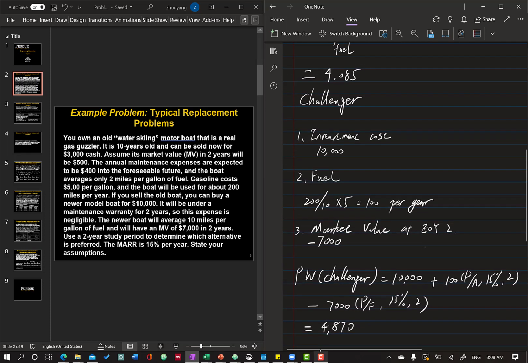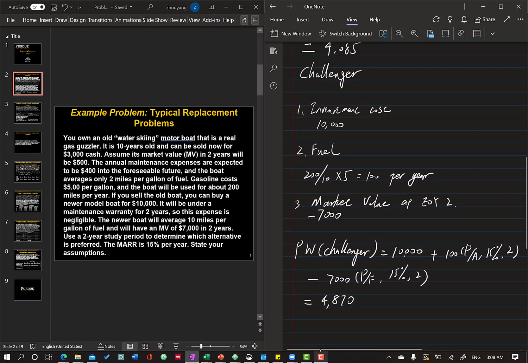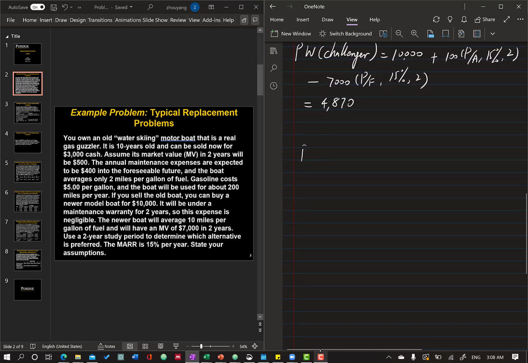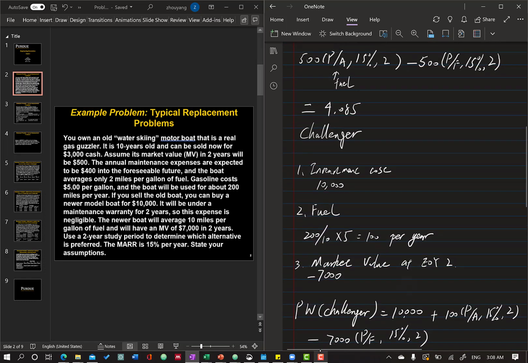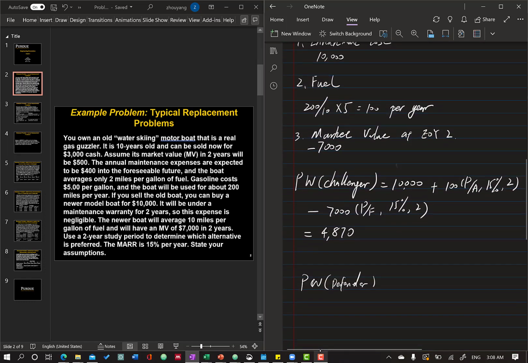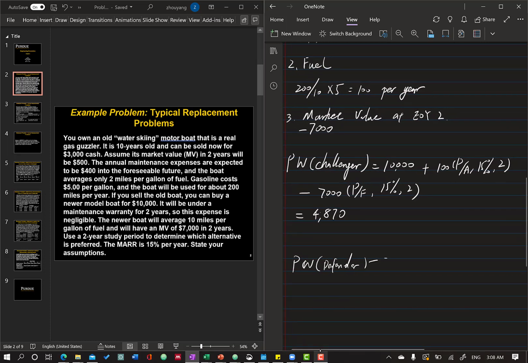And now we just compare the present worth of the Defender and the present worth of the Challenger. In the previous part, we got the Defender's value, which is 4,085.